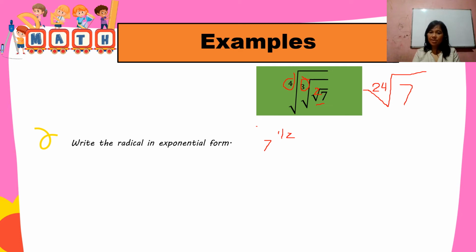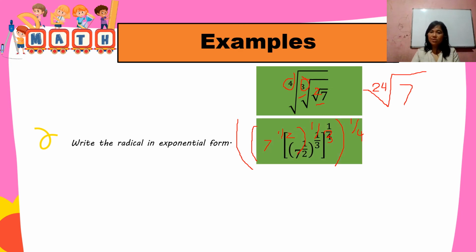Tapos, mag-parenthesis ka kasi it's being raised into another power na 1/3. So, that's another raised to 1/3. Yan. Isa pa, kasi naka-raise pa din siya, bracket na gamitin mo. Okay? So, 1/4.